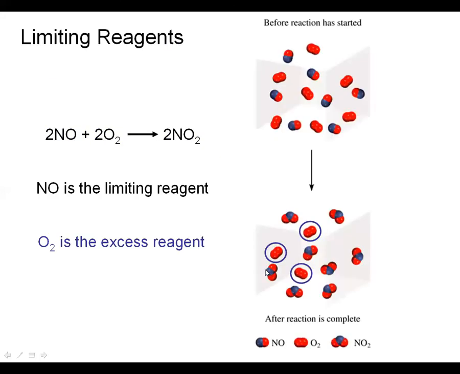Typically when we do a reaction, there always is, for example, one reactant that gets used up first. And that is basically what is known as the limiting reagent. That is the reactant that gets used up first.